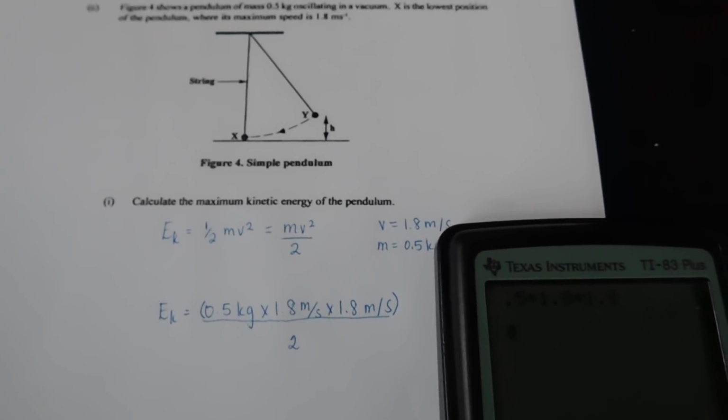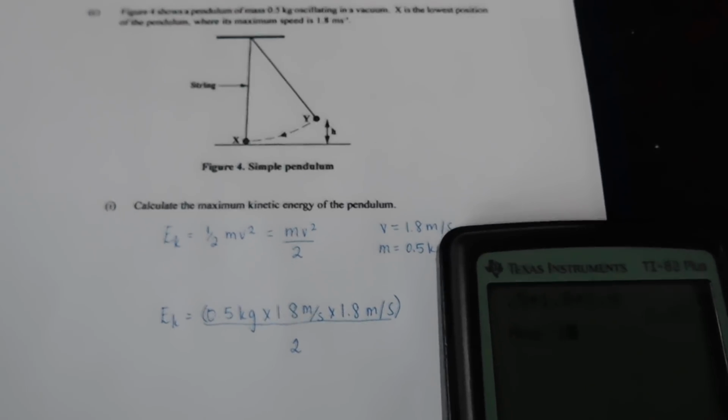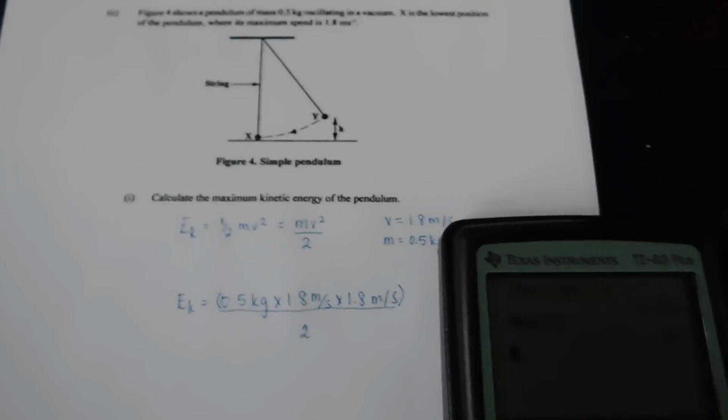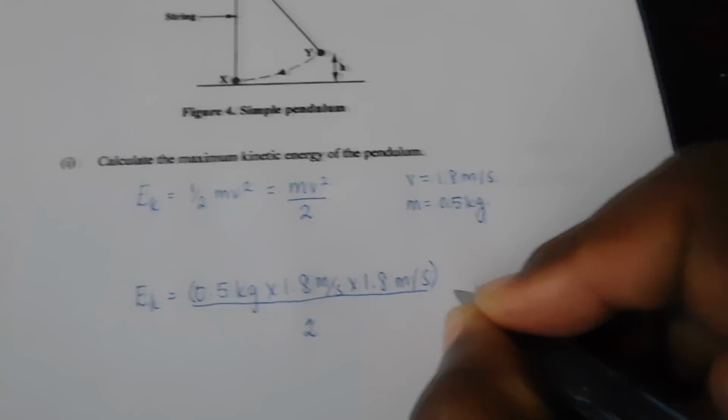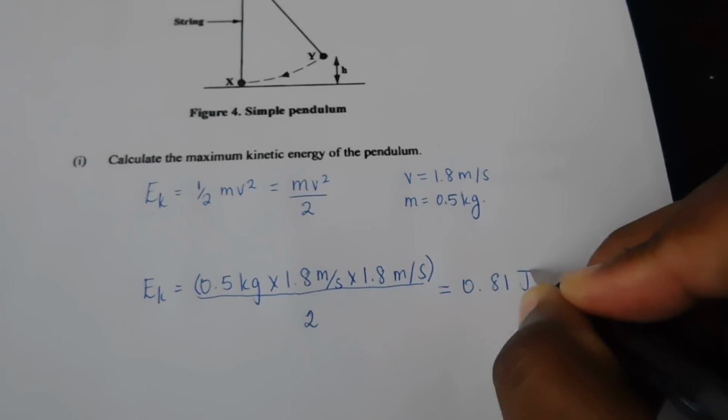Press enter if you didn't put your bracket, and then you just divide by 2 and you get 0.81 joules.